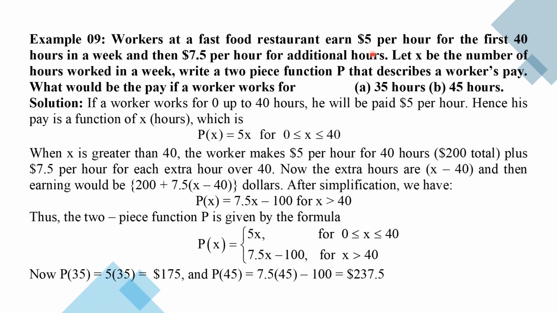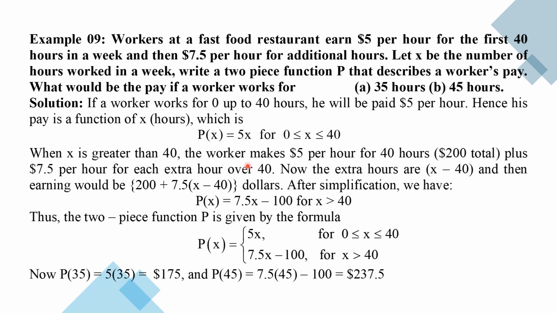Next, workers at a fast food restaurant earn $5 per hour for the first 40 hours in a week, and x shows the number of hours. So from 0 to 40 hours, a worker would be paid 5x. When greater than 40 hours in a week, they are paid $7.50 per hour for the additional hours.